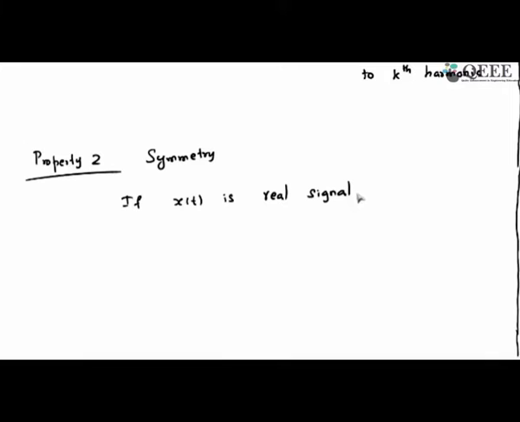Now we are saying that instead of complex, if x of t is a real signal, that is, the imaginary part is 0, then the kth harmonic Fourier coefficient is nothing but the negative kth Fourier coefficient, but you have to conjugate. This is called conjugate symmetry. Star is what I use for conjugation.